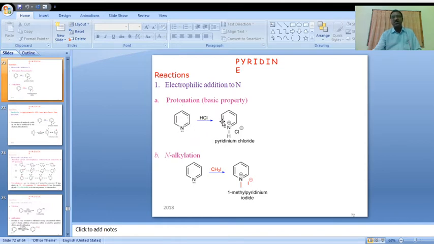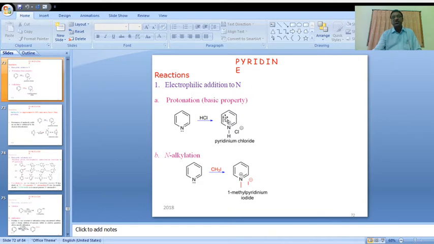Here in HCl, the H+ ion attacks the nitrogen to form an N-H bond. In that case, nitrogen loses an electron and gets a positive charge. Around that positive charge, the Cl- chloride nucleophile rotates.